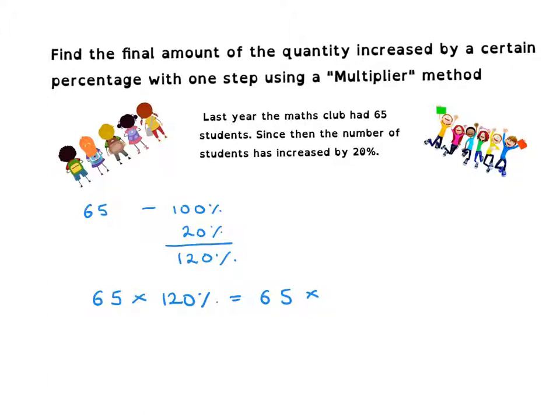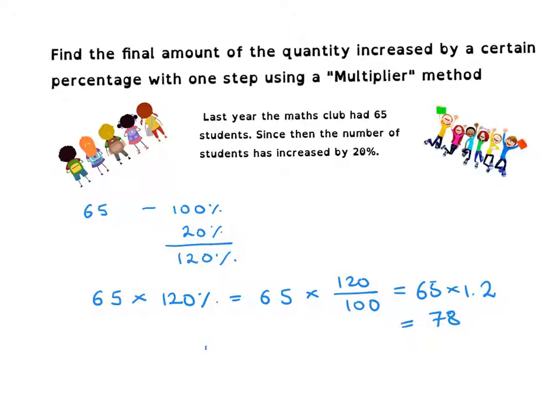If we convert into decimals, 120 out of 100 is equal to 1.2, so 65 times 1.2, and this is going to give us 78.